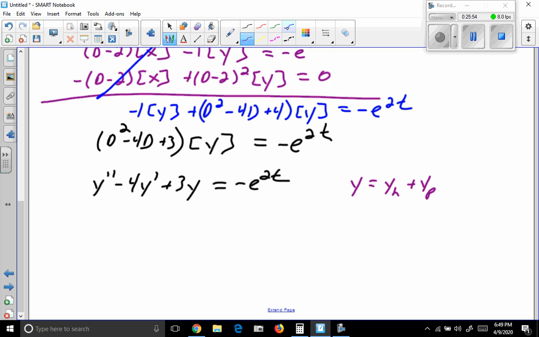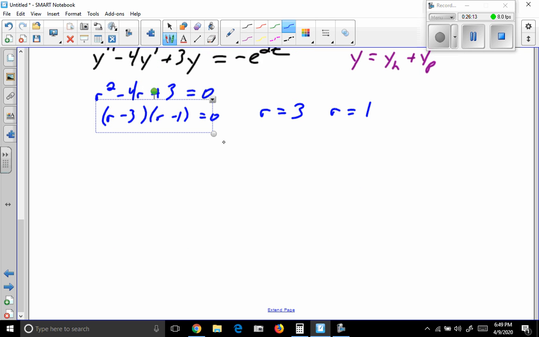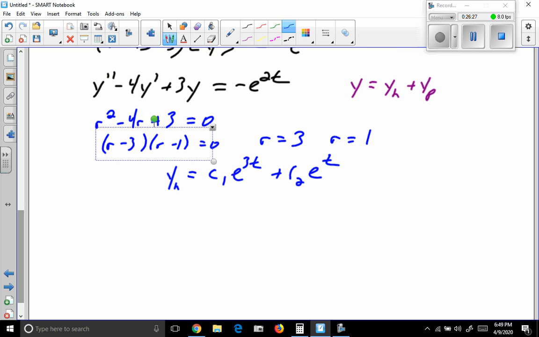So for the homogeneous, the characteristic or auxiliary equation is r squared minus 4r plus 3 equals 0. If we factor that, we get r minus 3 times r minus 1. So r is 3 and r is 1. So our homogeneous solution is c1 e to the 3t plus c2 e to the 1t. So that's our homogeneous.